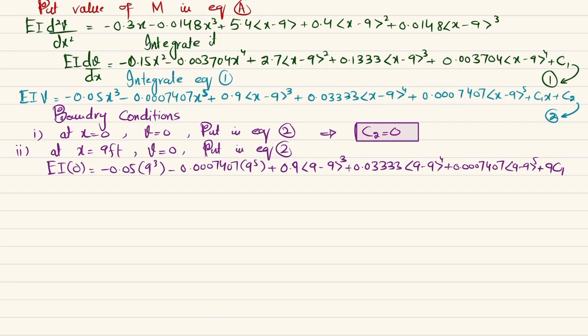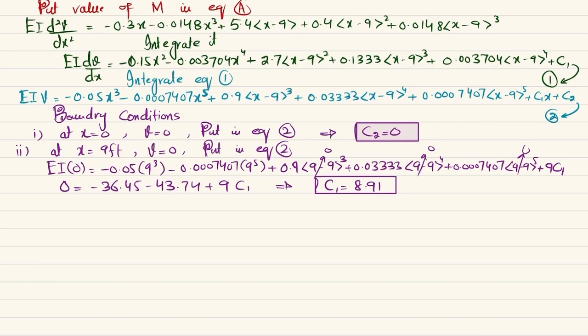So this will be equal to 0, this will be minus 36.45, minus the second term which will be 43.74, this term will be 0, this will be 0, this will be 0, so plus 9 times C1. From here you will get C1 equal to 8.91.